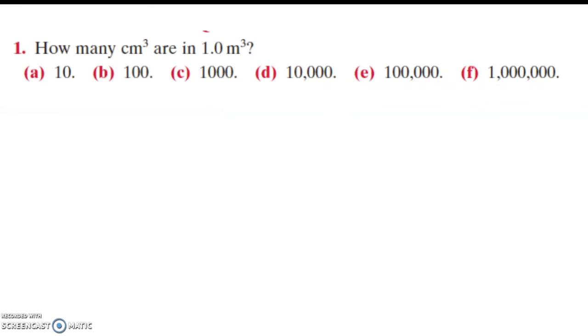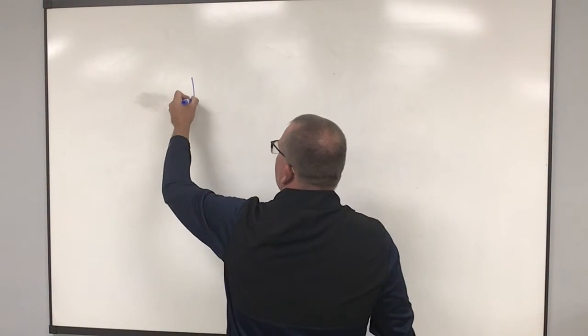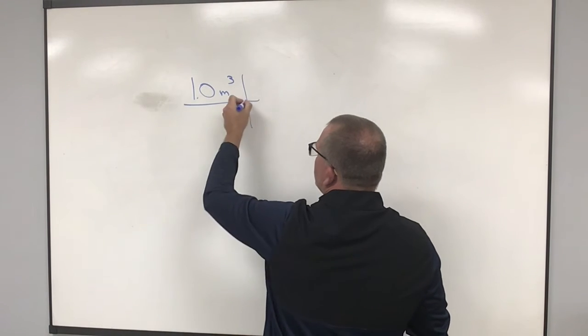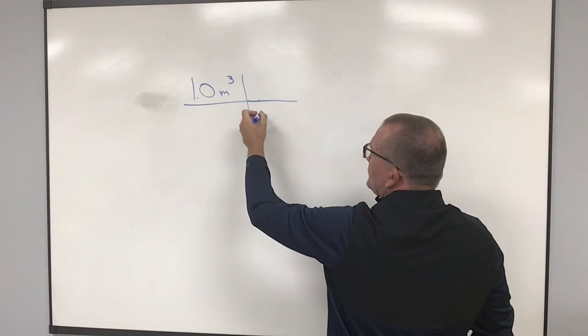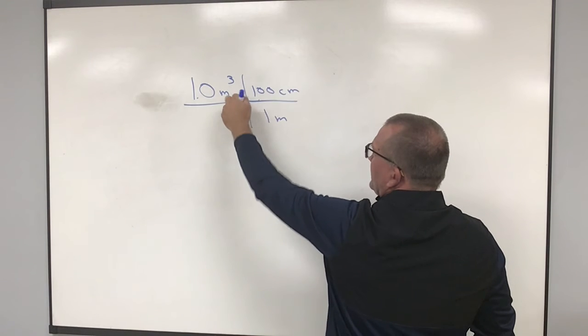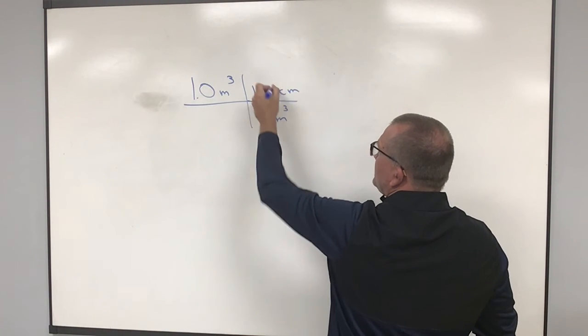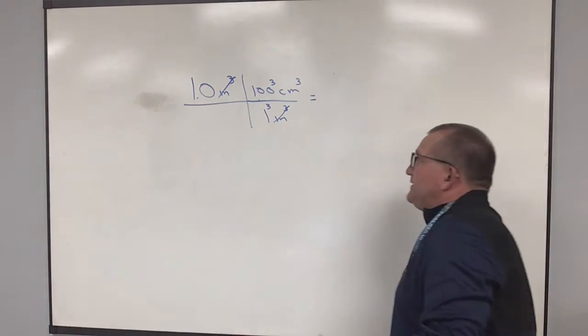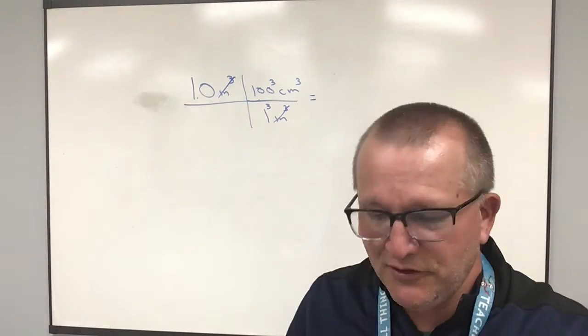The fourth problem is this one. The question asks, how many centimeters cubed in 1 meter cubed? Cubed goes along with when we squared earlier, that I know 1 meter is 100 centimeters. But that's cubed. I got to cube this, cube this, cube this, cube this. So meters cubed cancel. So I take 1 times 100 cubed.